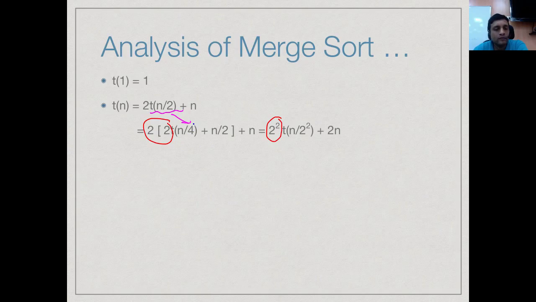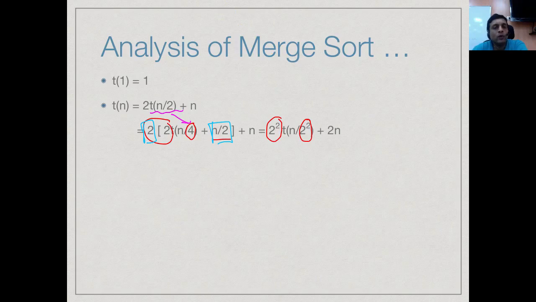I will also observe, and this will be useful, that this 4 is again 2 squared. And this n by 2 is multiplied by 2, so I get 2 times n by 2, that's n plus n, so I get 2n. So it's not an accident that I have 2 squared and 2n.